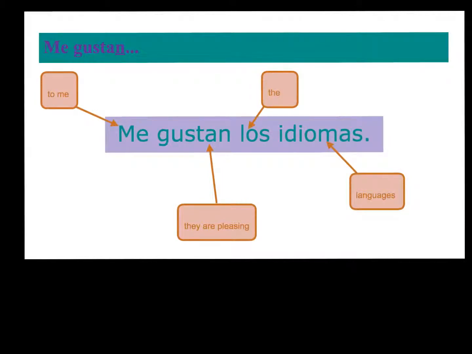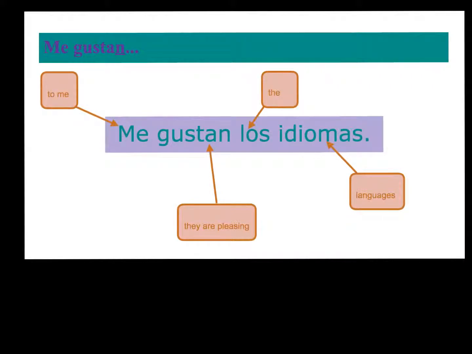So the word me remains unchanged. Languages, of course, being plural, needs to have its S on the end of idioma, and the plural word for the, los, in this case because idioma is masculine.